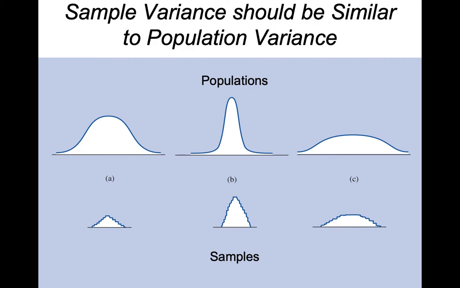But the idea would be that the variability in the sample should be reflective of how much variability there is in the population. Okay, and so each one of those figures, A, B, and C, reflects differing amounts of variability in a population that would be represented in a sample.